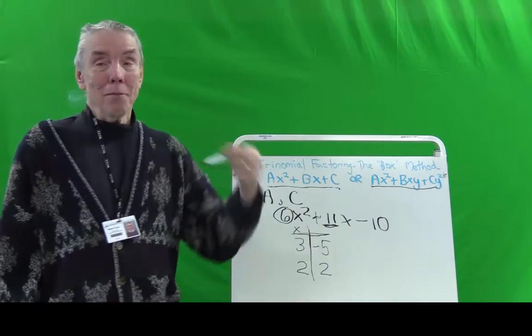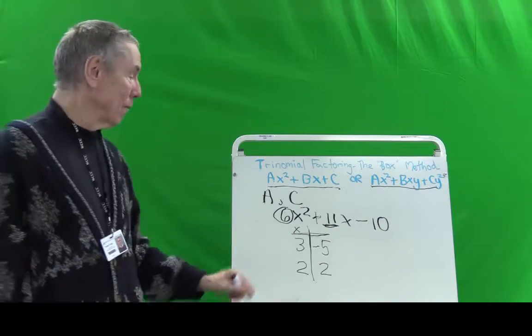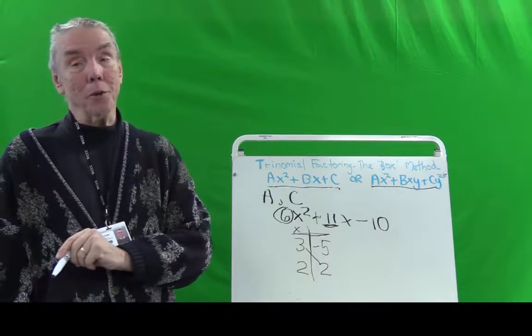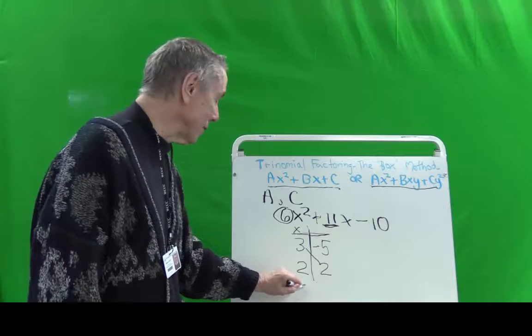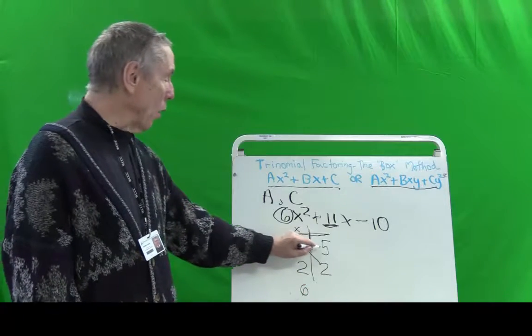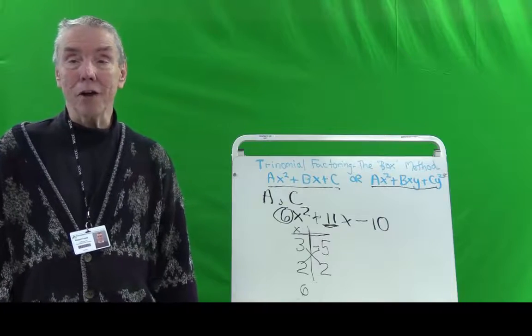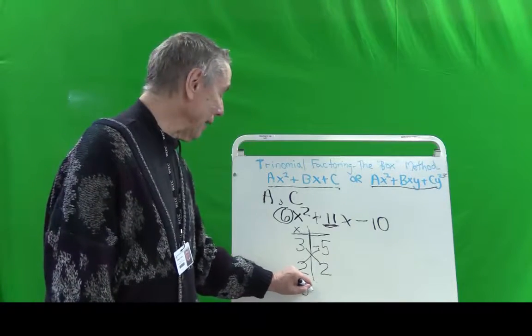It's called that because it looks like an X. We multiply 3 multiplied by 2, and that gives me 6. And we also multiply 2 by negative 5, and that gives me negative 10.